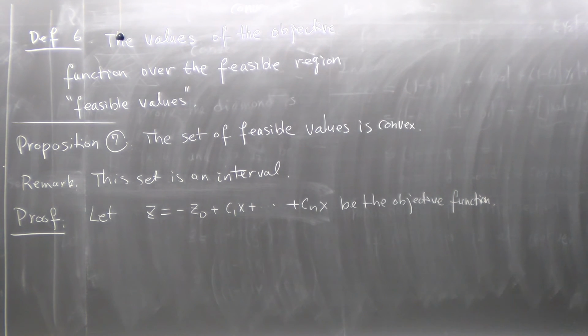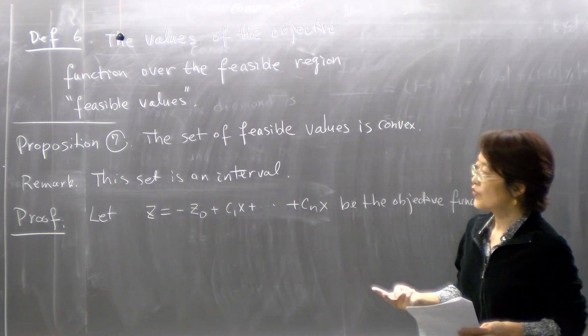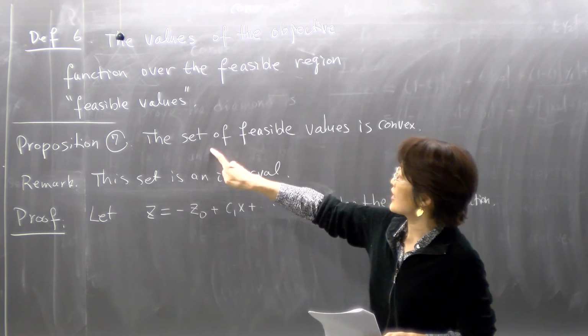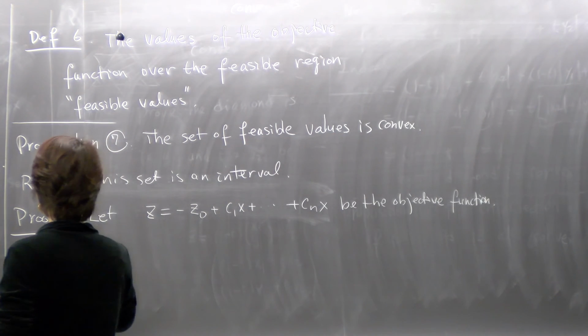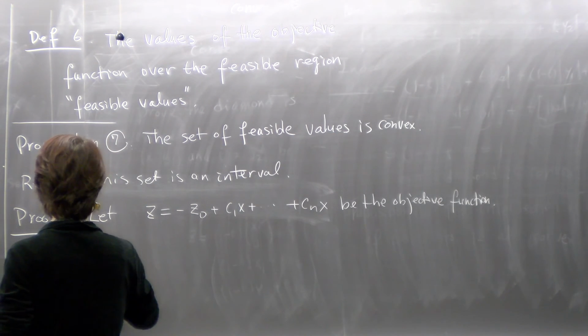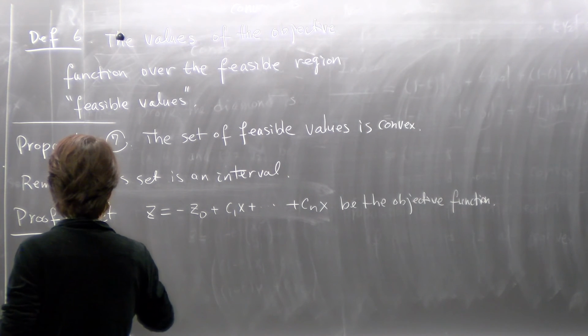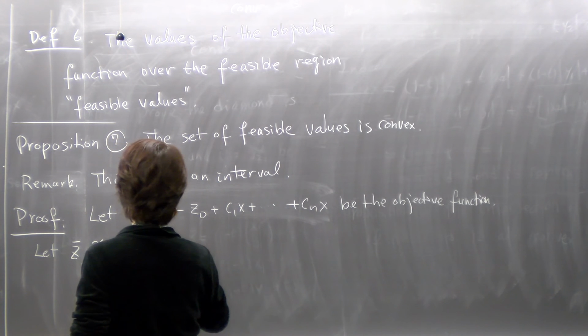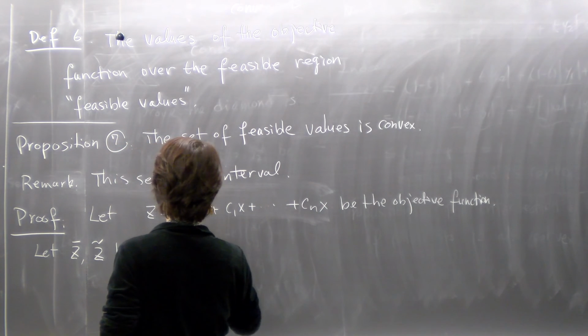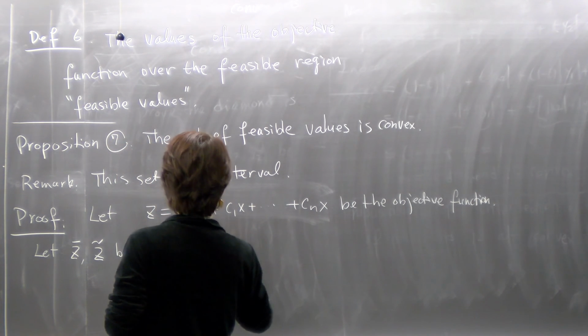Okay, so that's the objective function. And let's say I randomly pick two values that are in the set of feasible values. Let's call them z bar and z tilde, two feasible values.